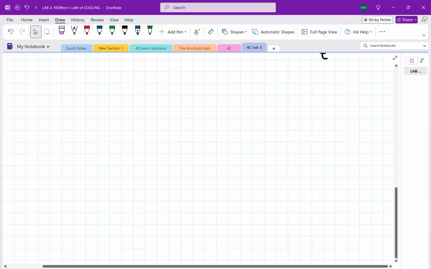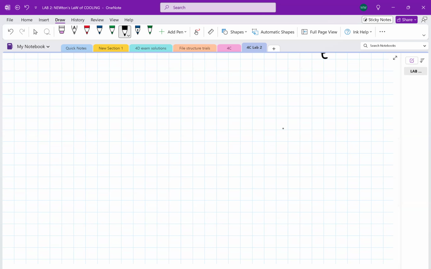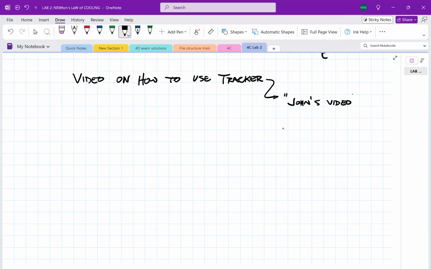And then I've linked into the lab write-up a video on how to use Tracker to take these temperature measurements. So that's linked in the Canvas page. It's called John's video in the lab write-up, because it was done by our former lab technician.